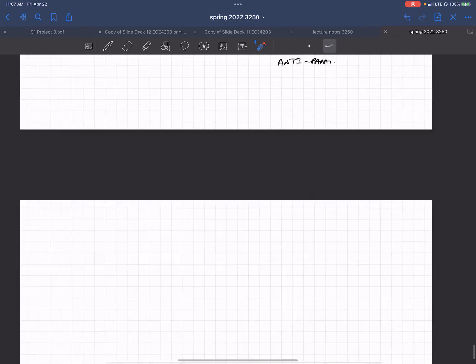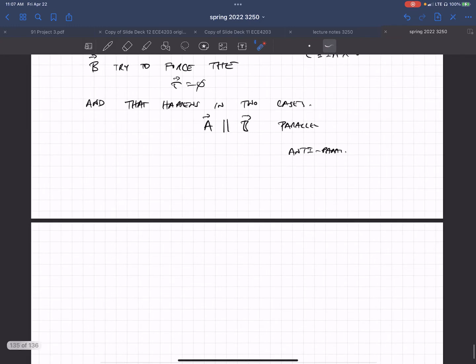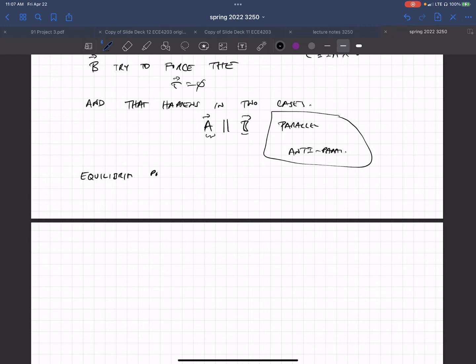The equilibrium points are where A, the area vector, and B, the magnetic field, are parallel or anti-parallel. Zero torque equilibrium points are points of max or min energy. Those are the two cases, just like the dipole was.